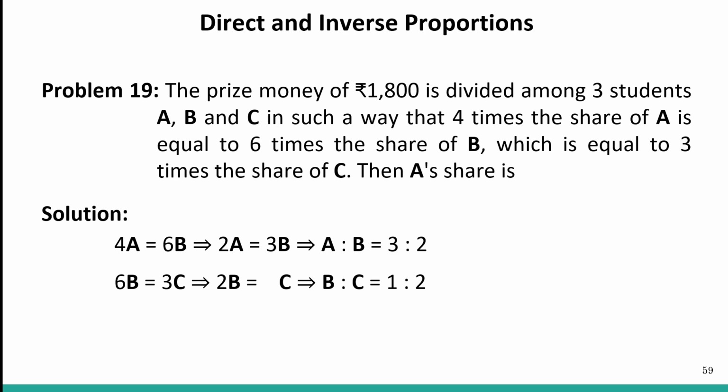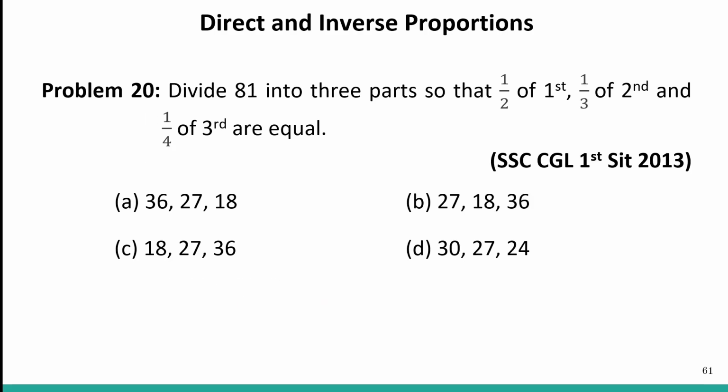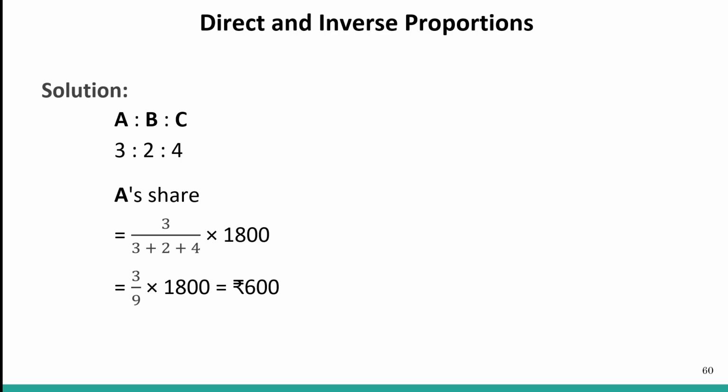And 6B is equal to 3C, so C is equal to 2B, so B is to C is 2:1. So ABC ratio will be 3:2:1. So 3 by (3 plus 2 plus 1) into 1800 is equal to 3 by 6 into 1800, which is 900, and the others will be 600 and 300. 600 is the correct answer.